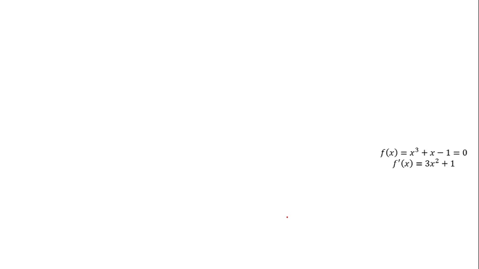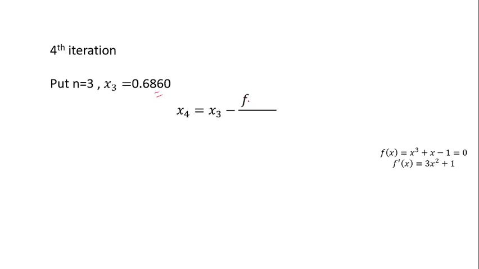So you can go for the next iteration, the fourth iteration. When you put n equal to 3 and x3 equal to 0.6860, we get x4 = x3 − f(x3)/f'(x3). We are always writing the formula in each step so that it is very simple to understand for the examiner too.